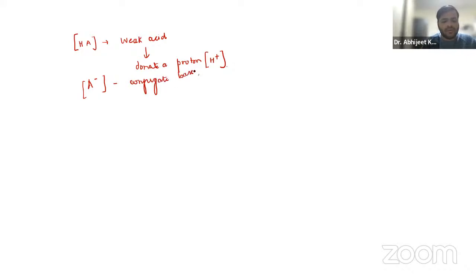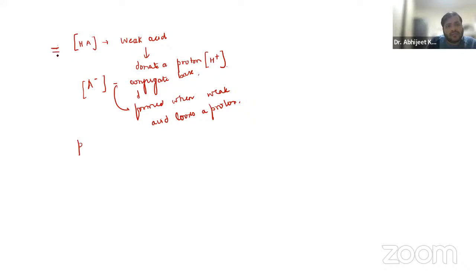The conjugate base is formed when the weak acid loses a proton.